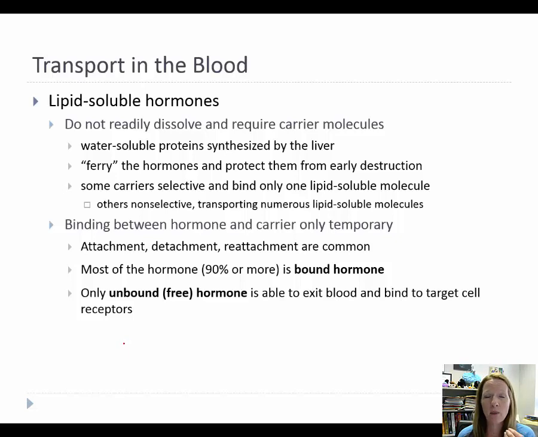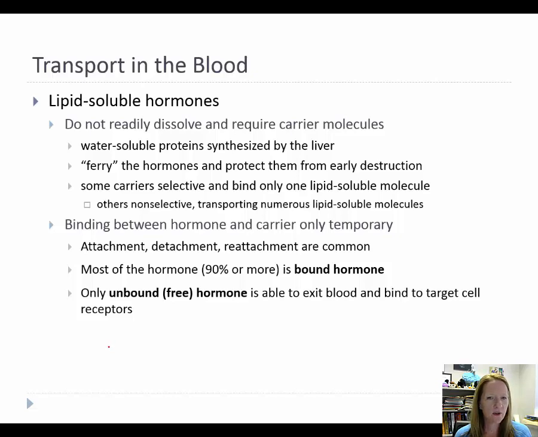A carrier molecule is exactly what it sounds like. It is a molecule that holds onto the hormone and carries it around to where it needs to go. It ferries the hormone, but it also is a nice layer of protection to make sure that they're not destroyed. Some carrier molecules are pretty selective and only bind one single lipid-soluble molecule, but some are non-selective, so they'll just transport anything around. They don't care.